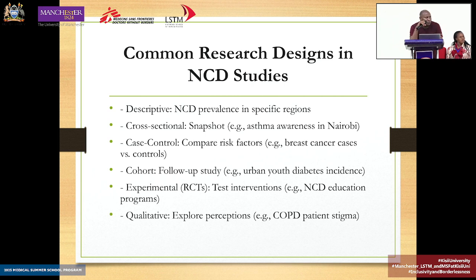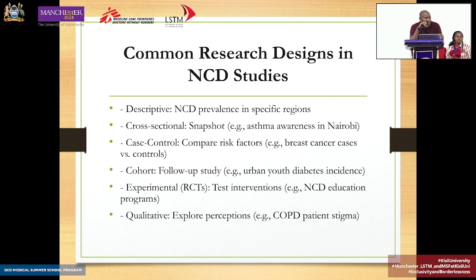That one is very important. Then we have experimental research designs, and especially when you are testing interventions. And experimental studies are important, especially for you guys when you want to initiate projects on education programs, NCD education programs.